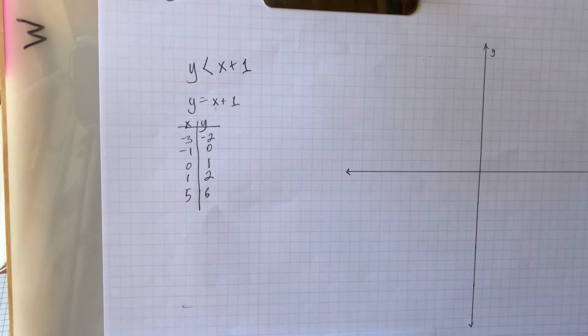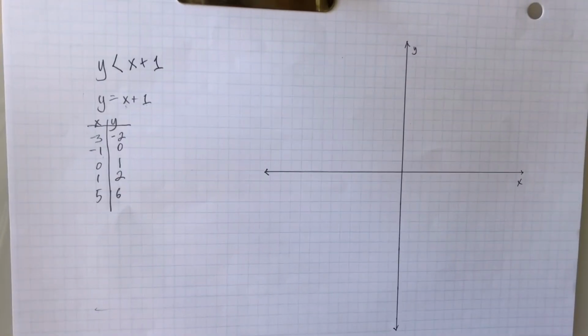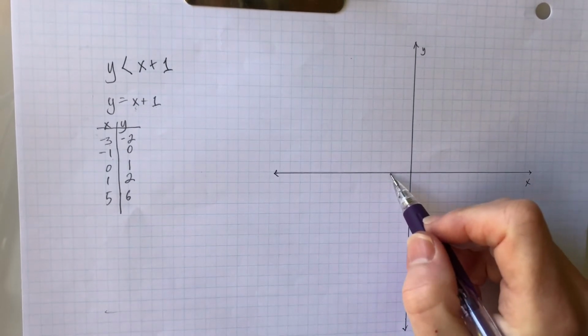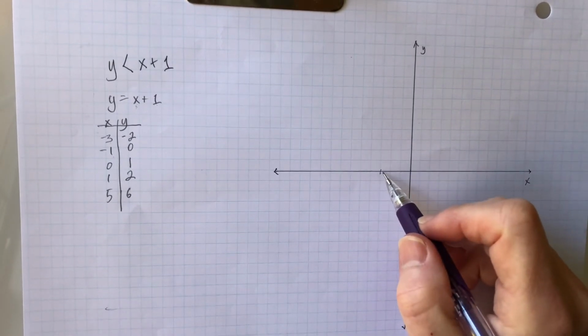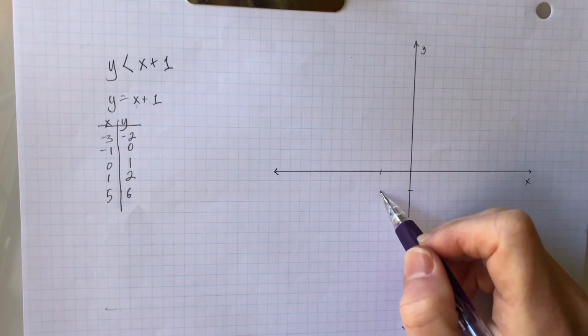Step 3, we're going to plot those points. So put that over here. So -3 and -2 would be here.